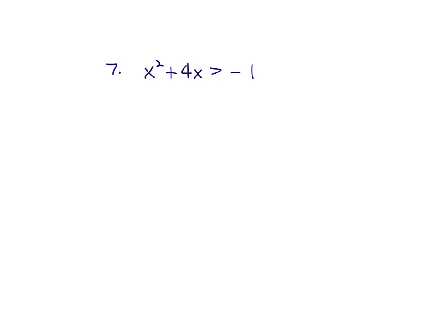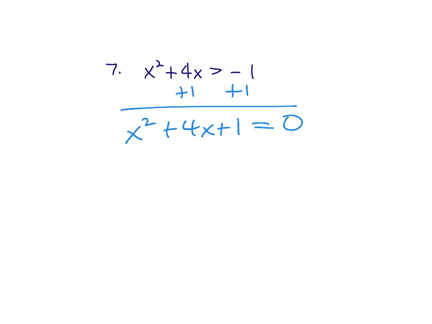All right, let's try to solve this one. I'm going to add 1. I need to make it an equal sign. Now, there are no factors of 1 that will give me 4, so now I have to do quadratic formula or completing the square. I'm going to complete the square just to refresh your memory.